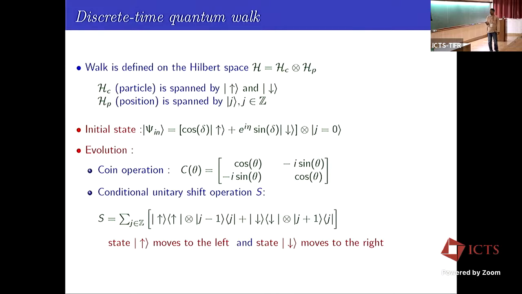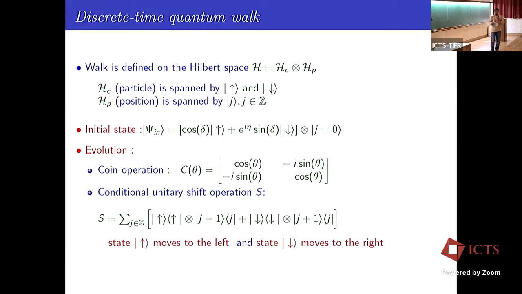And a shift operator would be in the same language as in the classical version, where head will move to the left, or tail will move to the right. In a similar way, your spin up will move to the left, and spin down will move to the right. So you can have a shift operator of this form, which will evolve in superposition of position space.